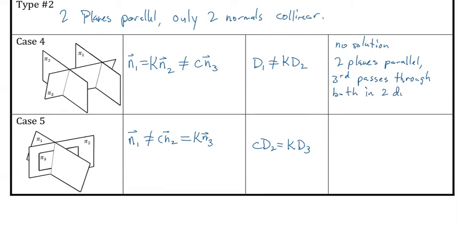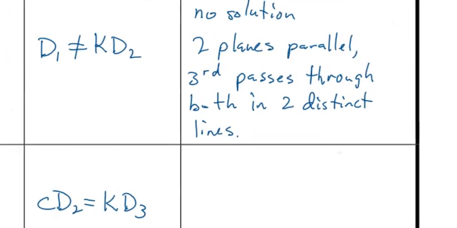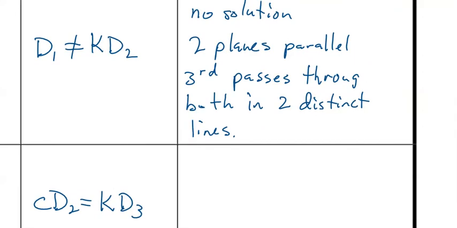You don't have to actually say the last part, in two distinct lines, but you say two planes are parallel and distinct. I should have put that. Whoops, I got to squeeze that in. Parallel and distinct. That is important. And the other passes through them, but individually. And compare that to case 5, where this one has how many solutions?